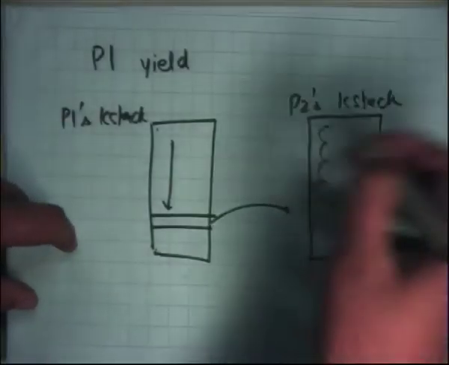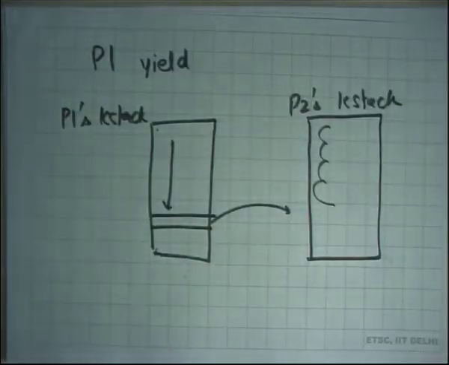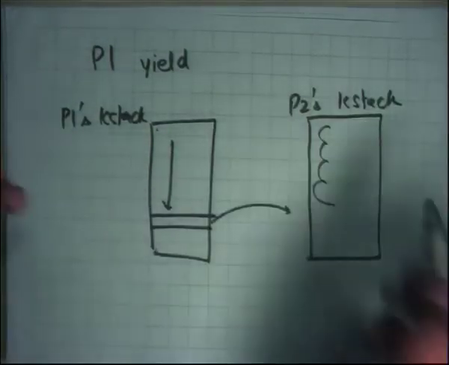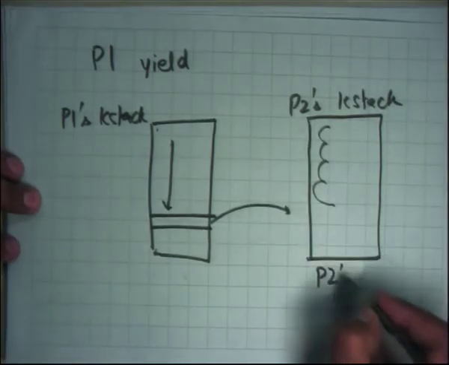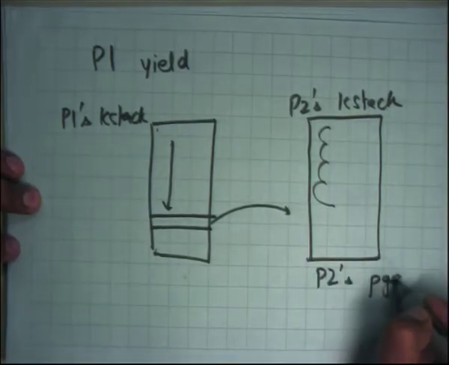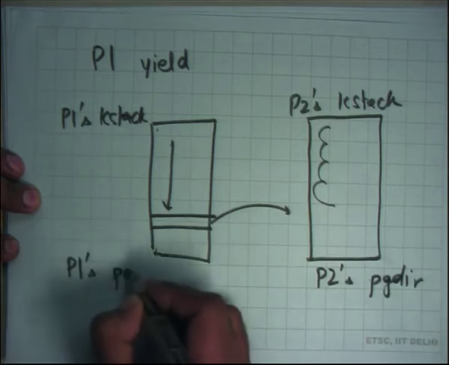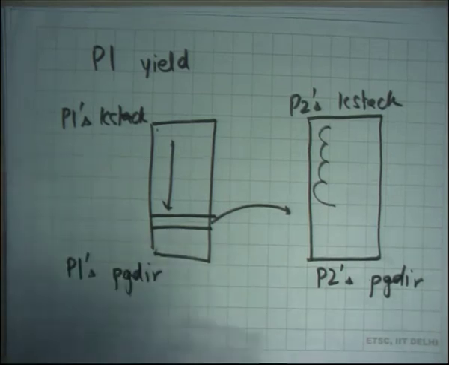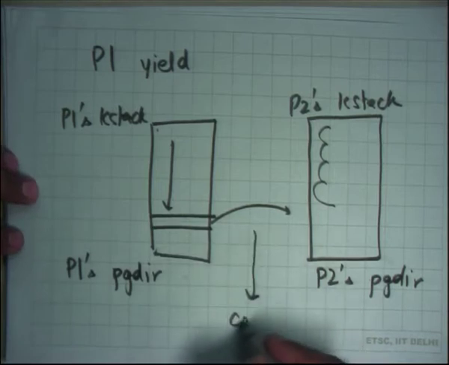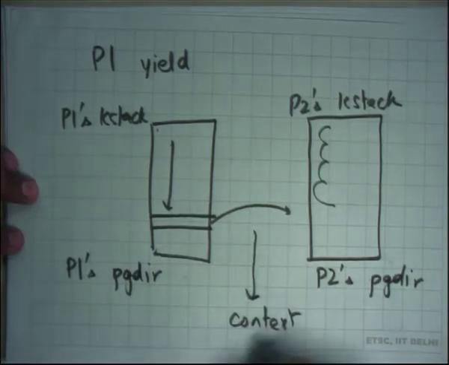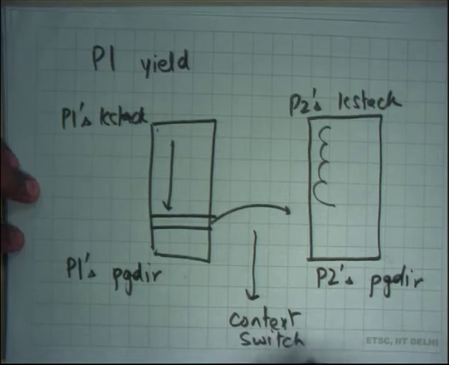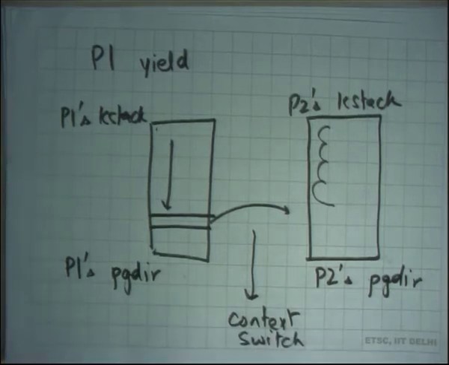and when I unwind P2's kstack, and also I'm going to change to P2's page directory, right. So this was P1's page directory. So this process of shifting from one process's kstack and one process's page directory to another process's kstack and page directory is called a context switch.